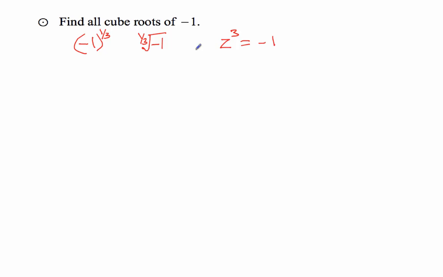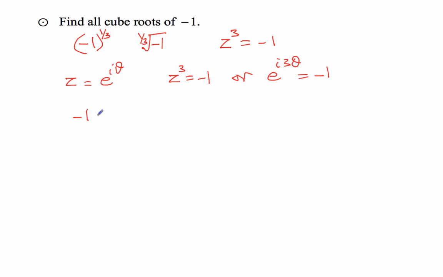Since z is a complex number, we can always write it as e to the i theta. And so we have to solve the equation z cubed equals -1, or e to the i 3 theta equals -1.